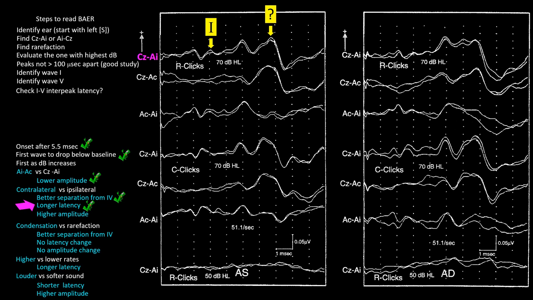This peak duplicity brings about a decision moment, which is which of the two peaks of the putative wave 5 will be used for future measurements.